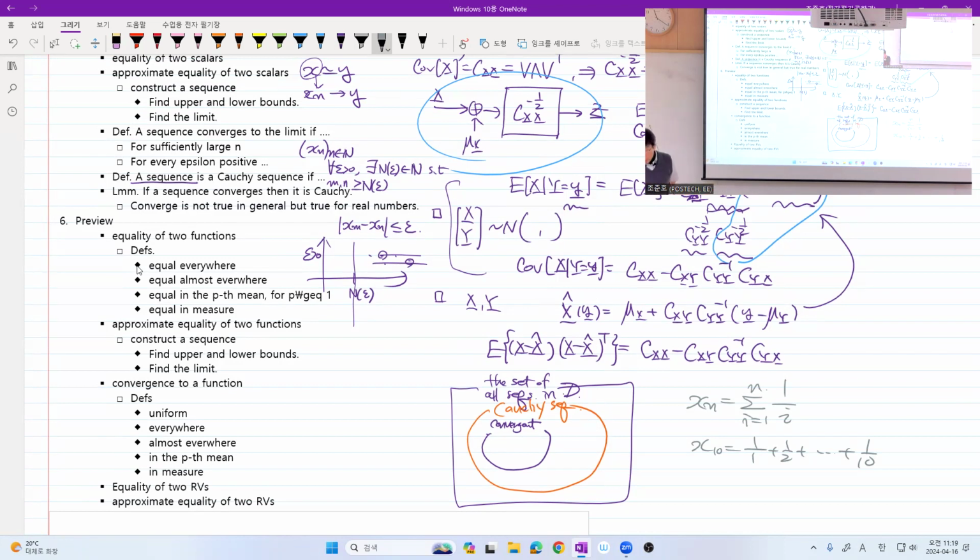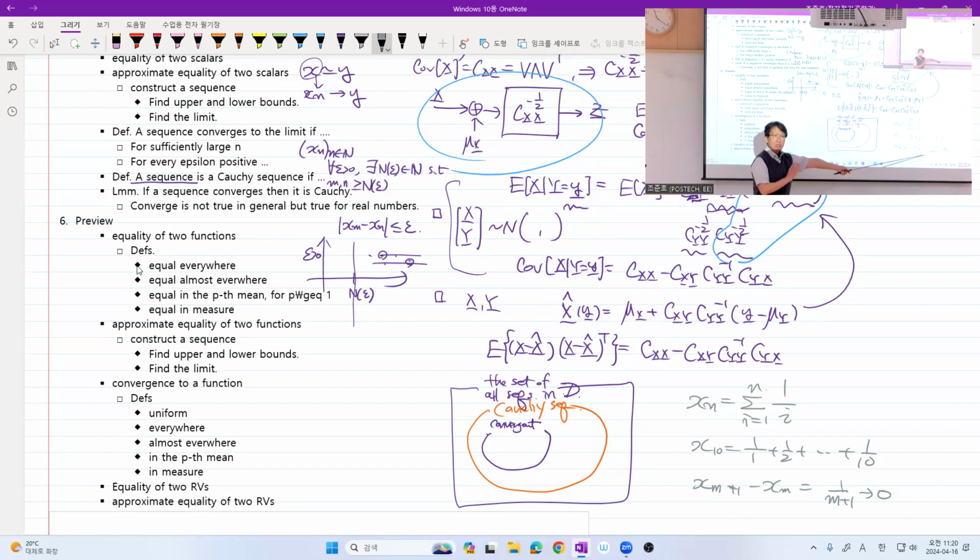However, you can easily show that the adjacent two terms, if you subtract, then what do you have? It goes to 0. It seems the sequence is Cauchy, but actually it is not. Be careful. A Cauchy sequence does not mean this thing.